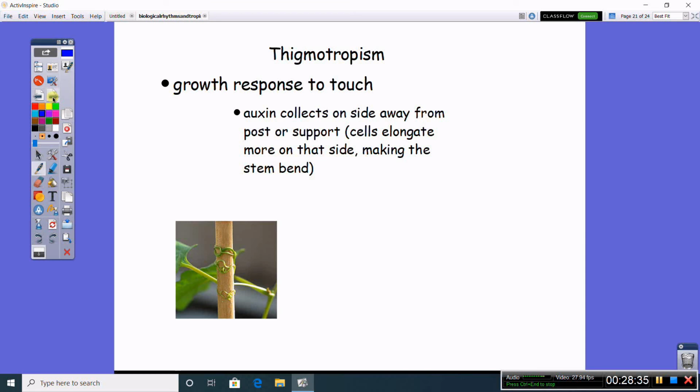This is a plant's growth response to touch. So remember, we talked about modified leaves called tendrils, and how tendrils we see in certain plants wrap around a stick or a stake or a fence post.